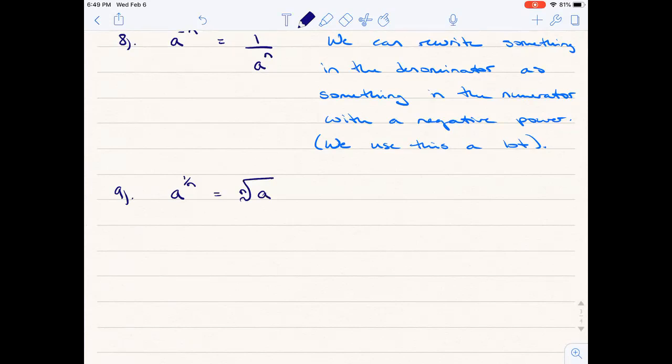And to calculate it on your calculator, you would just rewrite it as a to the power of 1 over 3 for the 3rd root, 1 over 4 for the 4th root, right? And you've probably used that trick maybe in high school when you had to take the 14th root or something like that, right? Use the 1 over in the power.